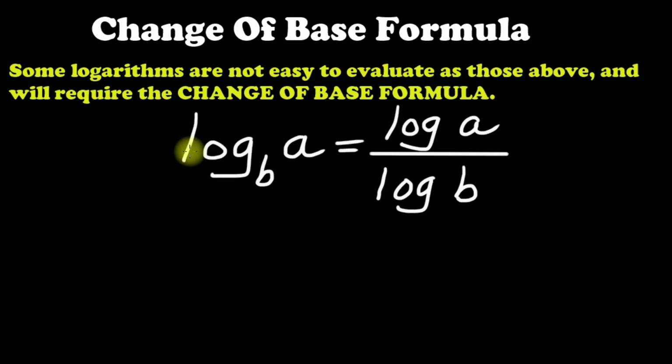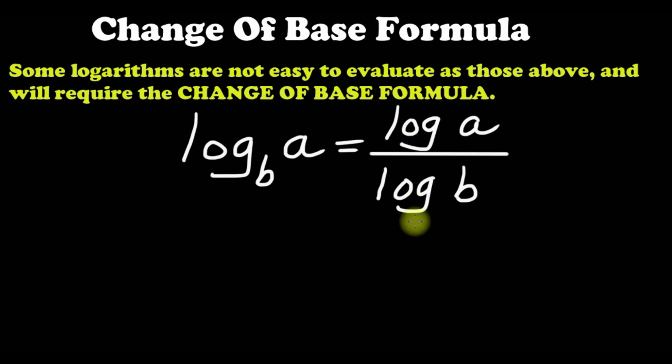If you wanted to evaluate log base b of a, and you needed a calculator to evaluate it, this is how you would set it up. Okay, so you would take log base 10. You see there's no base, so that means it's base 10. And you can punch that into the calculator. So log base 10 of a, which is the same as log a, divided by log b.